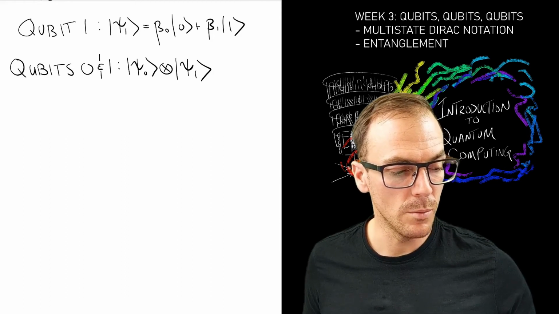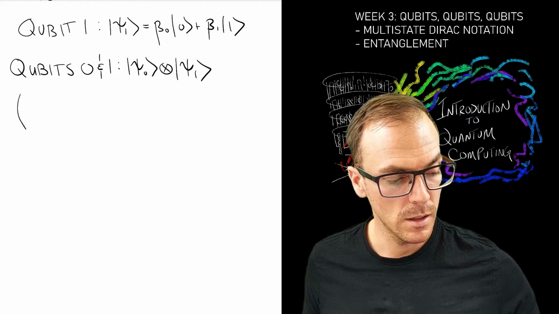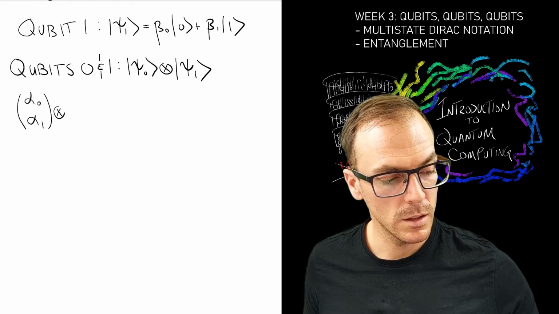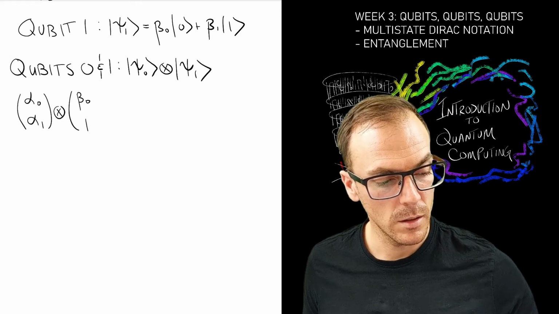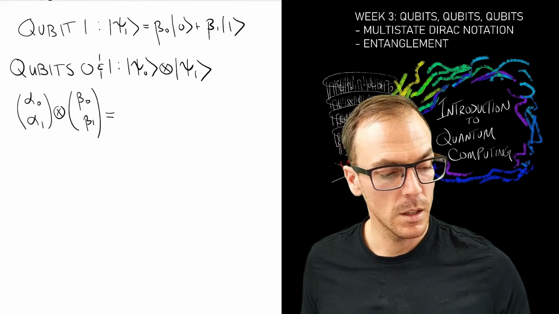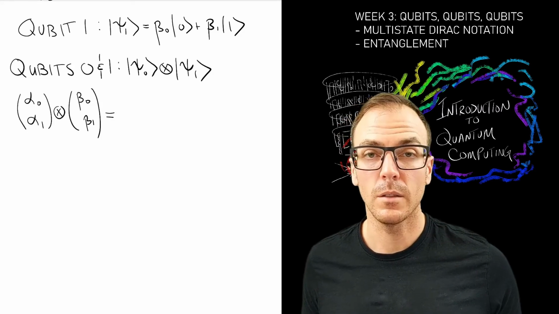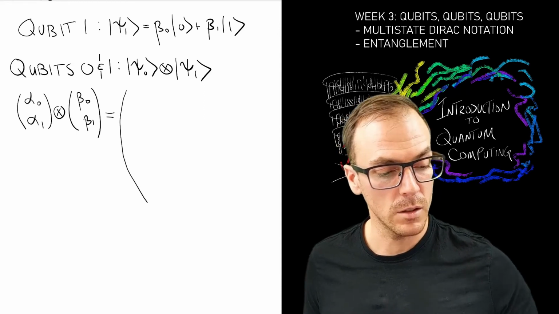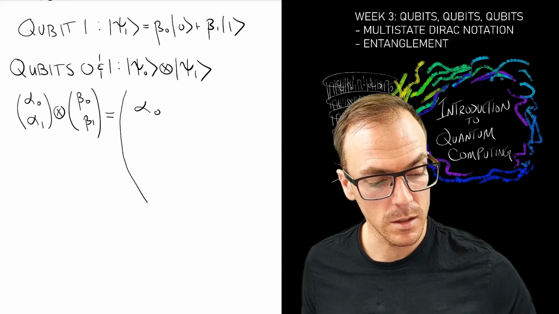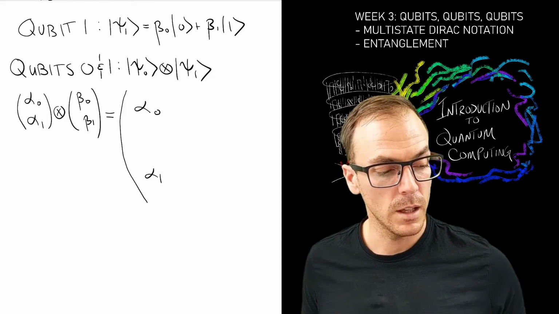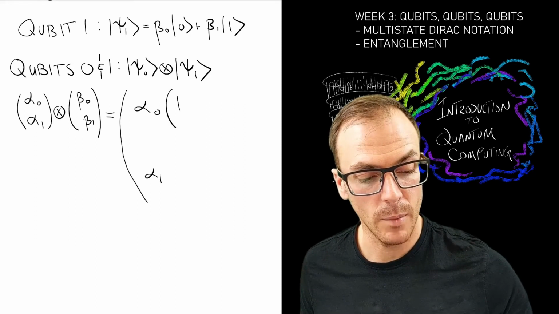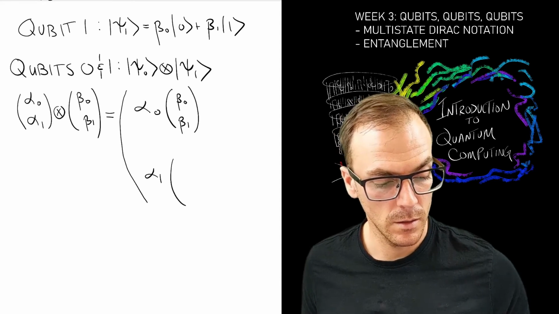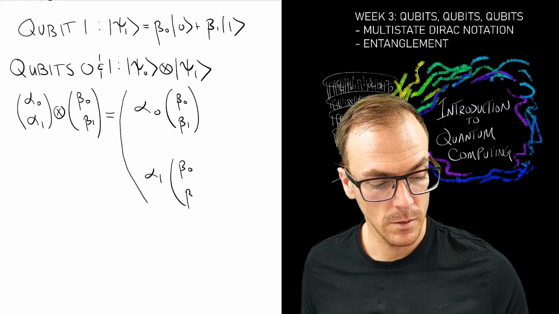So in matrix notation, we had alpha 0, alpha 1, and beta 0, beta 1. So this is now going to be a 4-dimensional vector, and how you calculate it: that looks like a good length 4, is alpha 0, alpha 1, and we're going to multiply that by beta 0, beta 1.